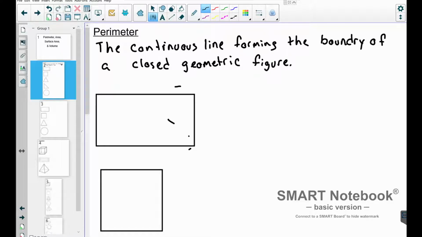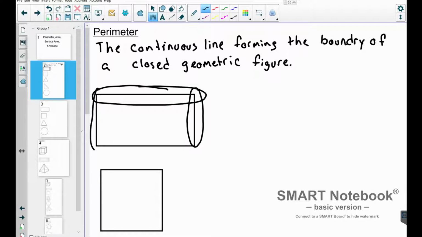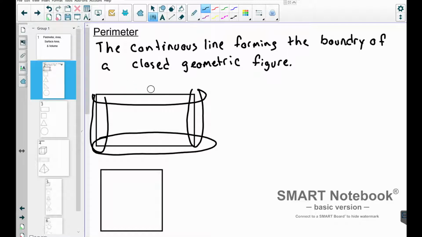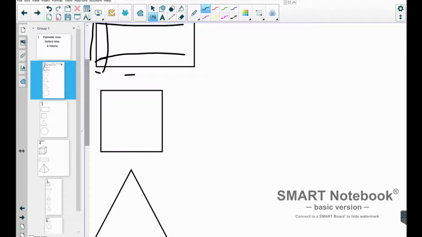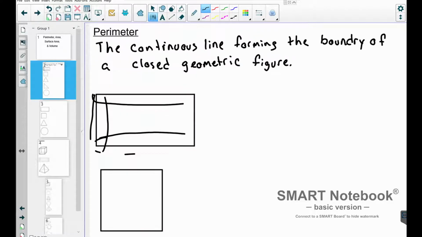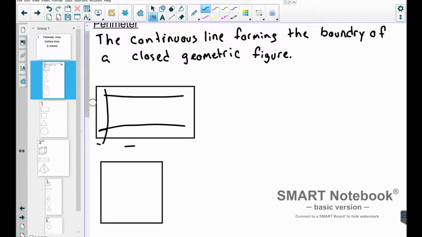Or in other terms, it's just the outside of a shape. For example, this rectangle here, it's just this portion, and this portion, this portion, this portion. Just the outside of a shape. I like to think of it as the distance if I would have walked the exact path of that shape around. The distance that I would have walked doing that.